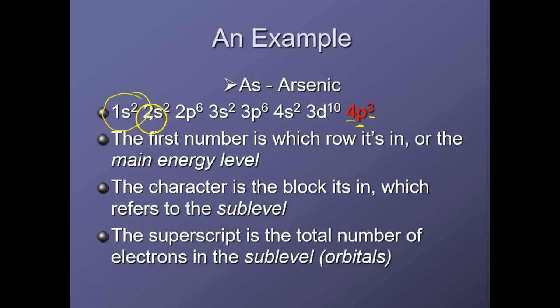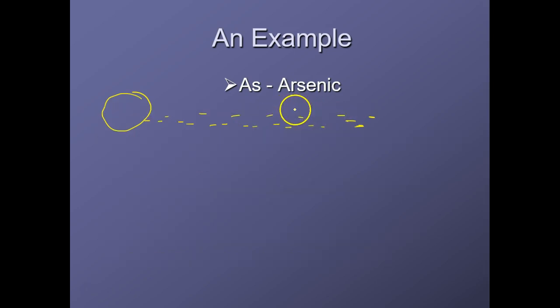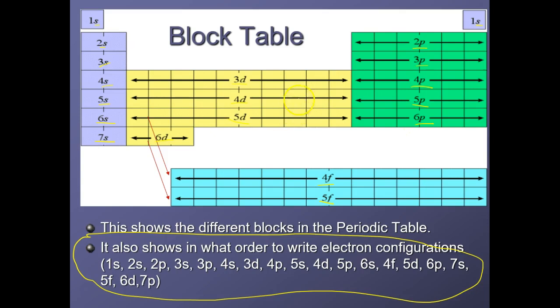So you'd hit hydrogen, helium, lithium, beryllium, and so on. So then you're in the 2 level. You have the S sublevel and 2 blocks. 2p6, 3s2, 3p6, 4s2, 3d10. Because we're just reading it like a book, and you'll see. Let me back it up. Arsenic would be right here.